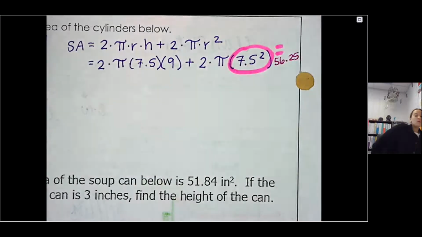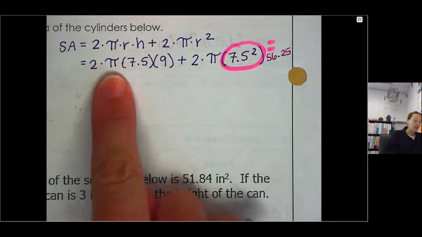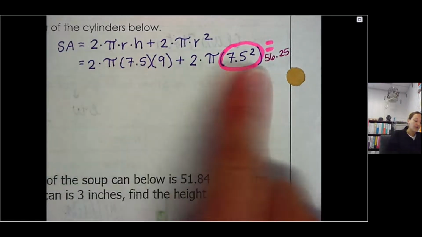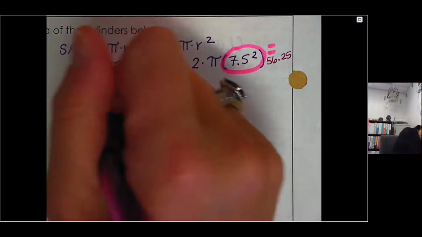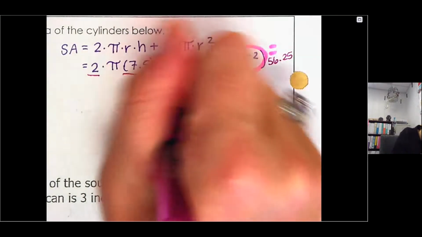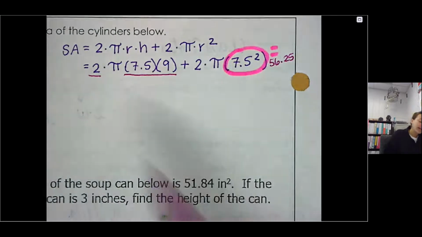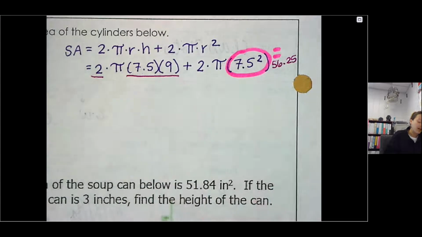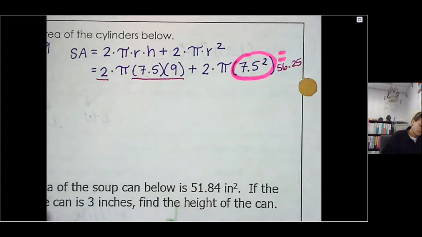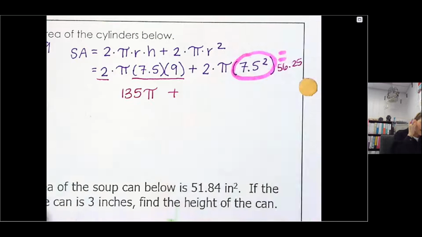Okay. And now I just have some multiplication. So I'm going to multiply on the left here, and I'm also going to multiply on the right. What I'm actually going to do is make sure I multiply all the constants first, and I'm going to leave it in exact terms. So on my calculator, I'm just going to multiply the 2 times the 7.5 times the 9 and get 135 pi, plus, I'm going to do the same.